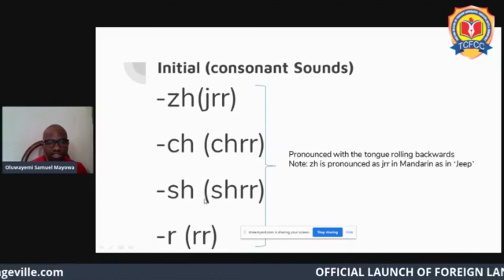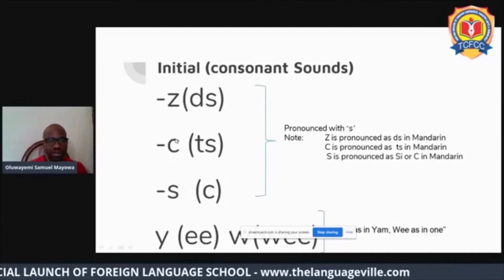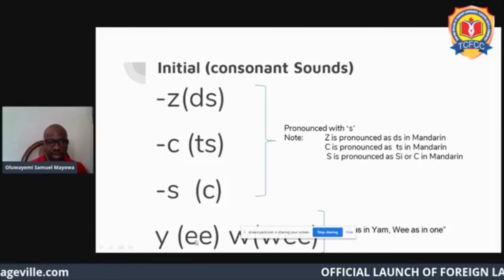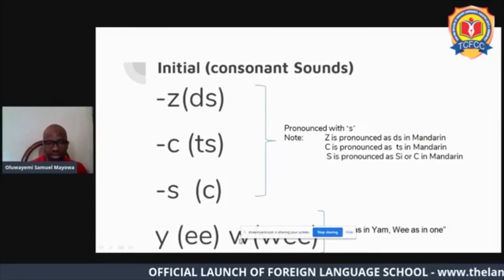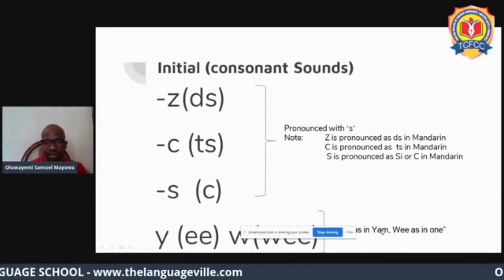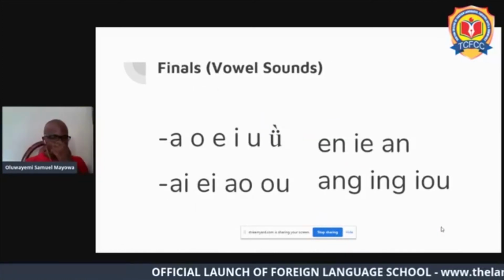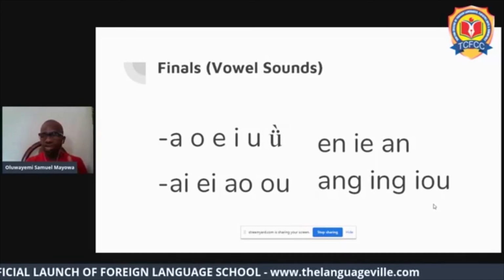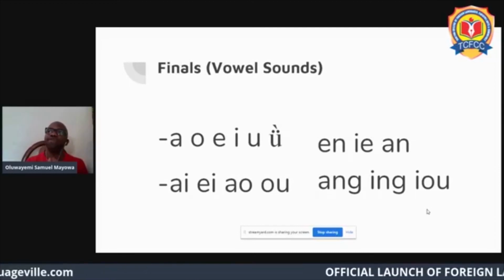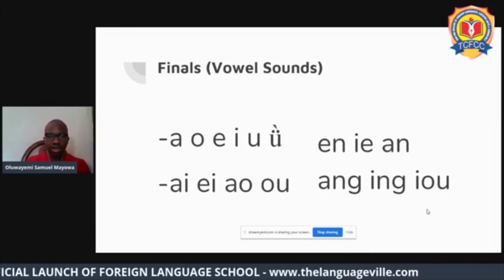SH is pronounced as Sh. R is pronounced as R. Z is pronounced as Z. C is pronounced as Ts. S is pronounced as the English S. Y is pronounced as ee and W as oo, the Y as in yam and W as in one. When we understand this, you can proceed to pronounce it well. And if the pronunciation is perfect, then I'm very sure you will have a smooth journey learning Chinese.